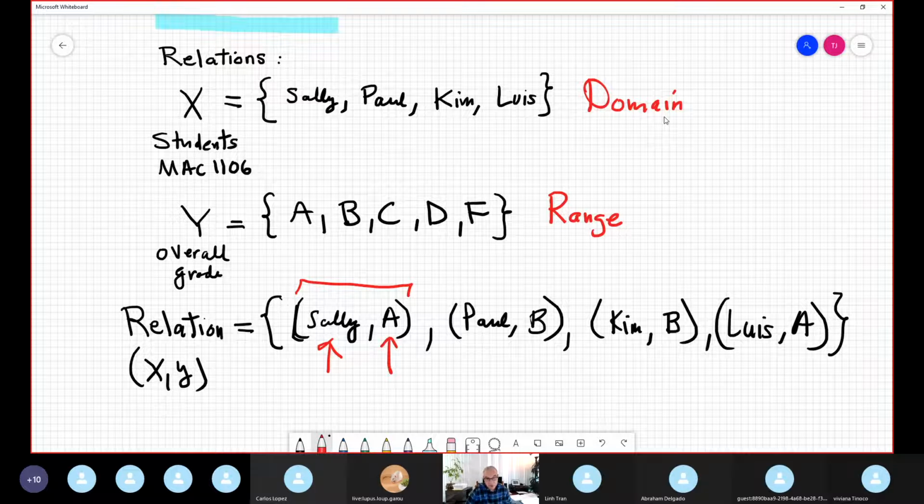And the relation is represented by ordered pairs. This is one way to see that. There are many ways to represent and visualize relations, using formulas, using graphs, using sets. But actually, we have two components because a relation is the association between two sets. This is a relation. Is everything clear?